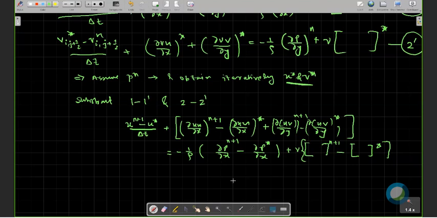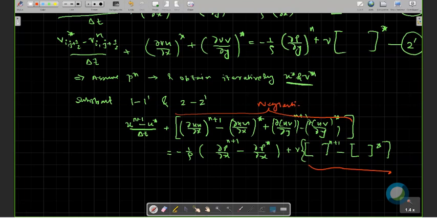Okay. So there is an assumption over here. In case of the SIMPLE method, these values are not known, so these values are neglected.